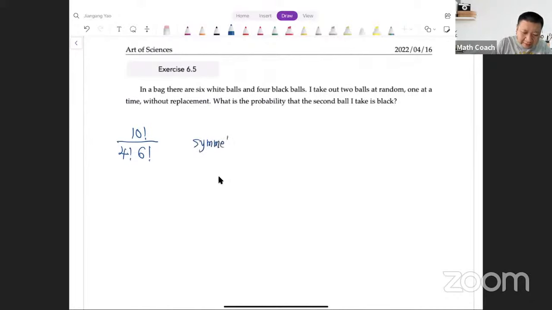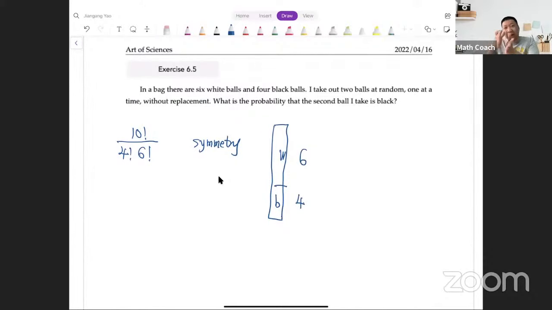The symmetry means, given that we have 6 white balls and 4 black balls, for the first ball, the ratio of white to black would be 6:4. And for the second ball, it's actually the same, right? So although this wording makes the question look complicated, it actually doesn't matter. So when we talk about the white ball and the black ball, there is no need to do any calculation. You directly write down 4/10, which is 2/5.